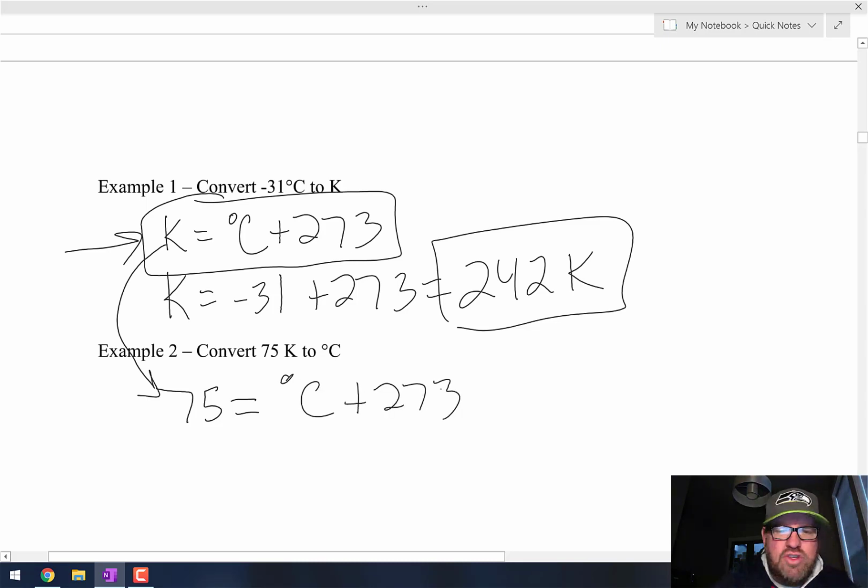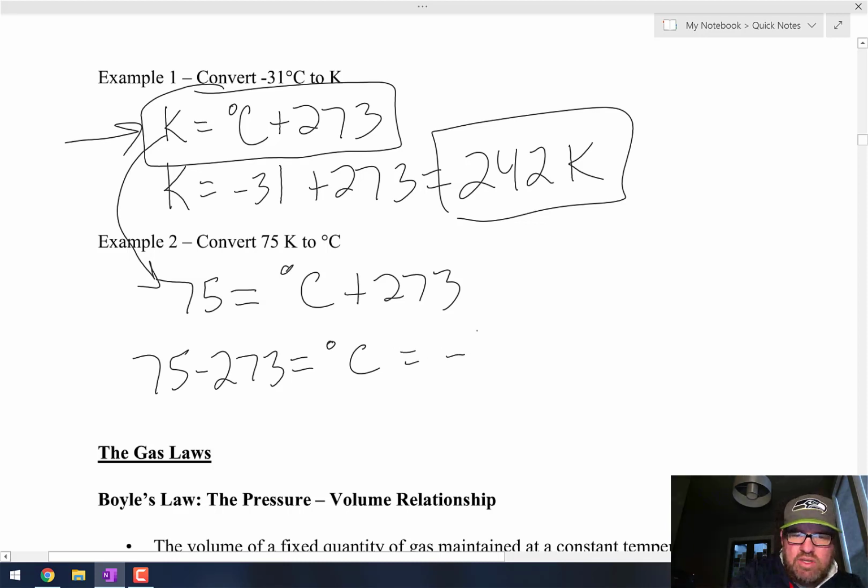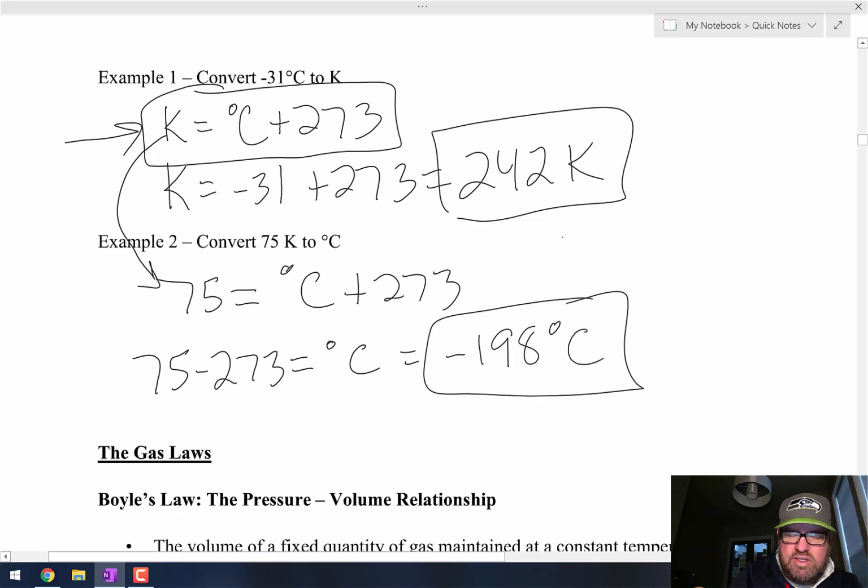And then using algebra, how do I get that C by itself? Well, I have to subtract 273. So 75 minus 273 is going to equal our temperature in Celsius. So 75 minus 273 equals negative 198 degrees Celsius.